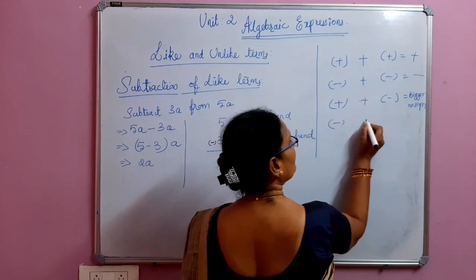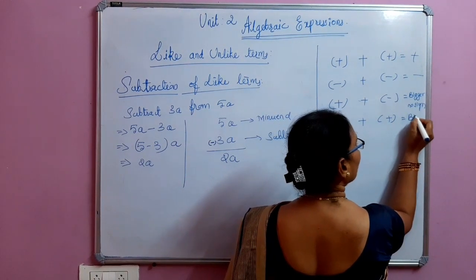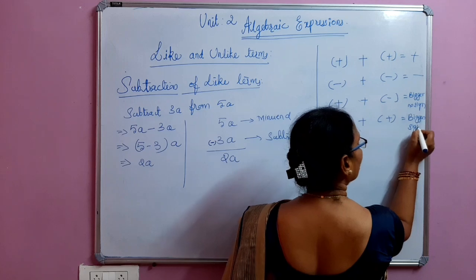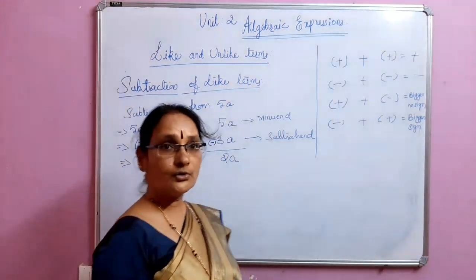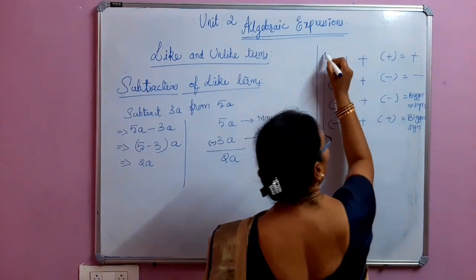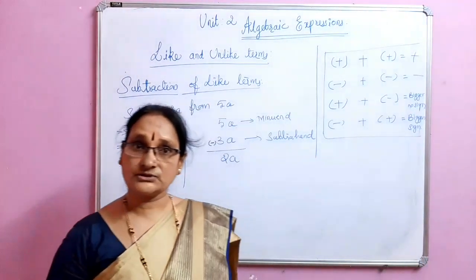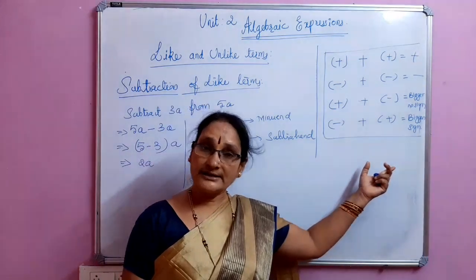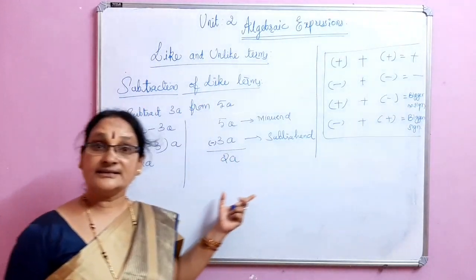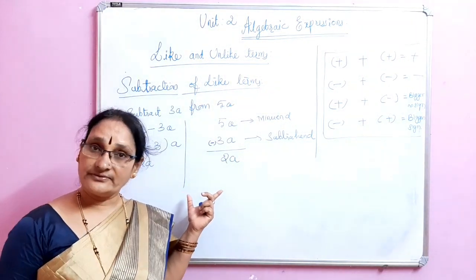Here also, minus plus, minus, here also bigger number sign will come. This is the sign rules, very very important. You have to write and keep. Always I used to say in my class also, even now I am telling you here also. This is very very important. If you are perfect in this, these like and unlike terms, addition, subtraction, you can do very very easily.